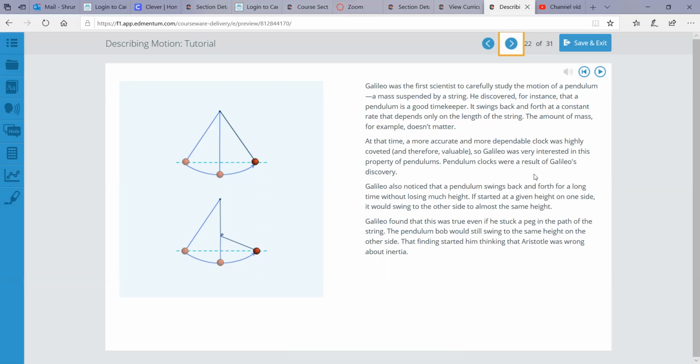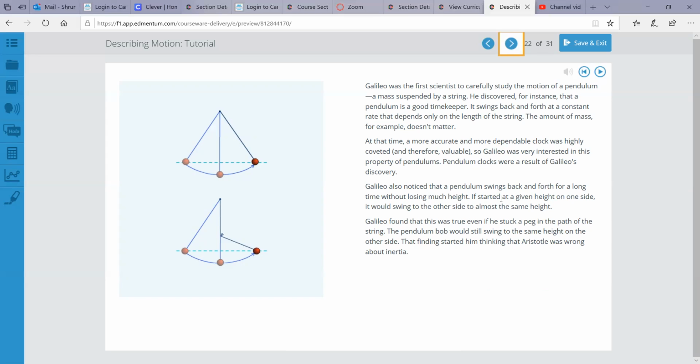So that's cool. But he also noticed that a pendulum swings back and forth for a long time without losing much height. So it would swing and reach the same height for quite a long period of time. If started at a given height on one side, it would swing to the other side to almost the same height.